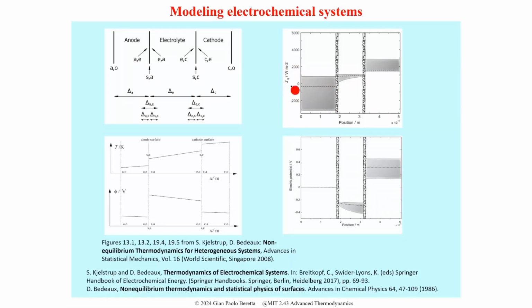They use the Groot and Mazur notation. So what we call the Q double prime, they call measurable heat flux. But other than that, they essentially use the same notation that we've used.